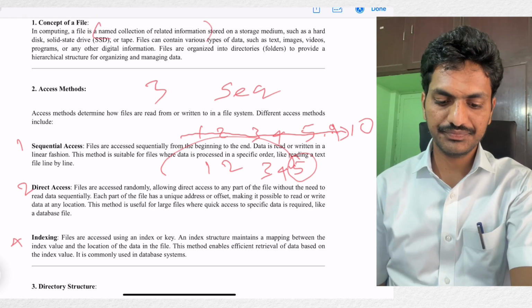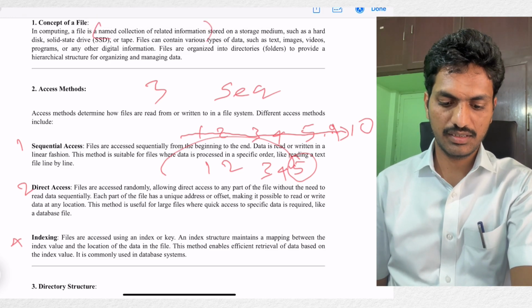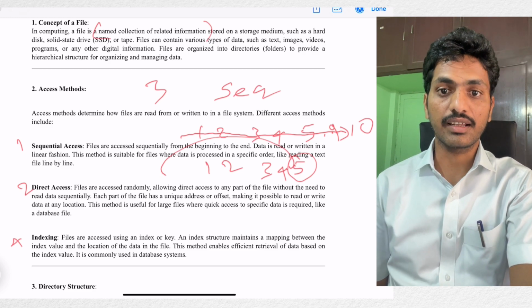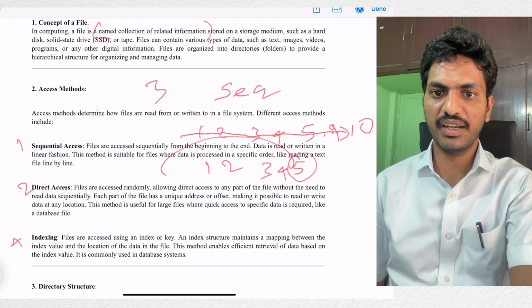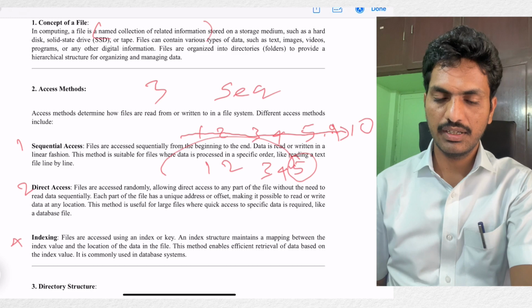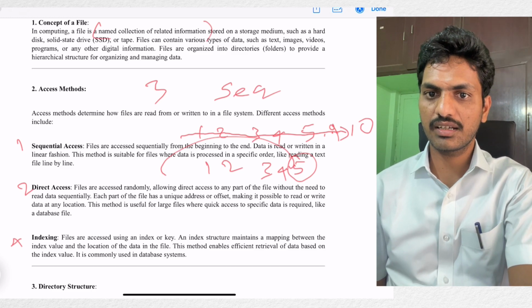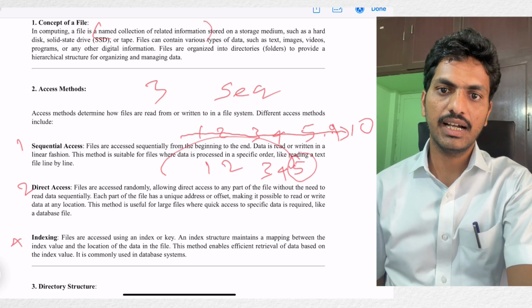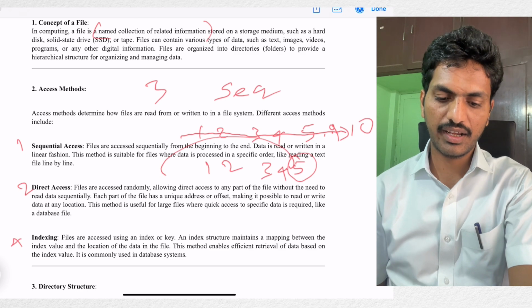What about indexing? You have seen indexing many times in textbooks. They give chapters and page numbers. That collection of chapters and page numbers is an index.